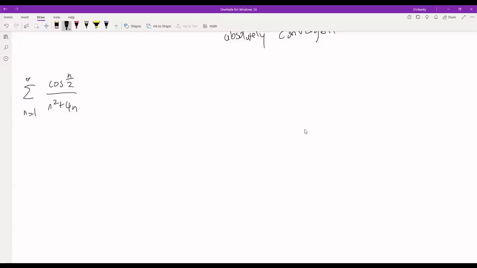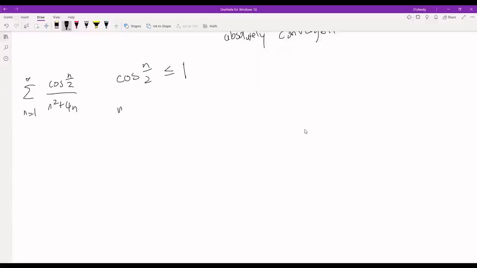So looking at the numerator, cosine of n over 2 is always less than or equal to 1, because the range of the cosine function is -1 to 1.